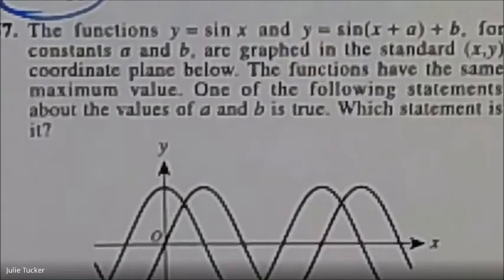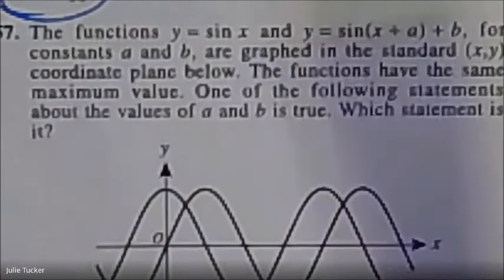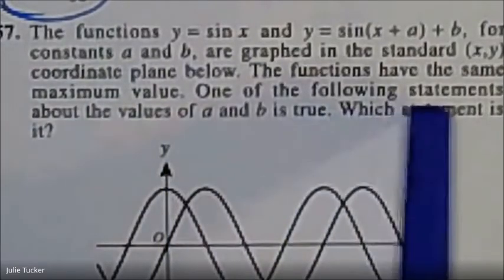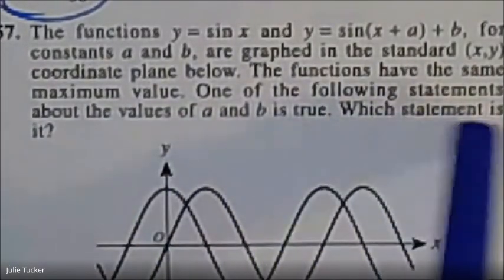I'm going to show you the graph after I finish reading the words, okay? The functions have the same maximum value. One of the following statements about the values in a and b is true.